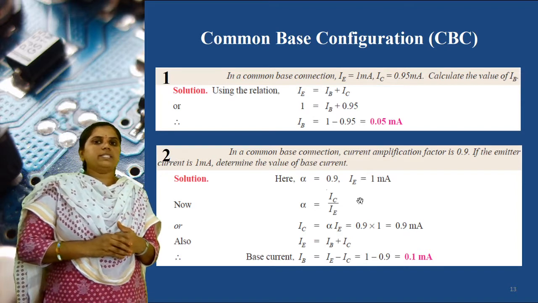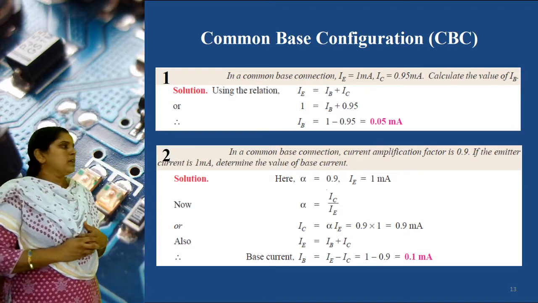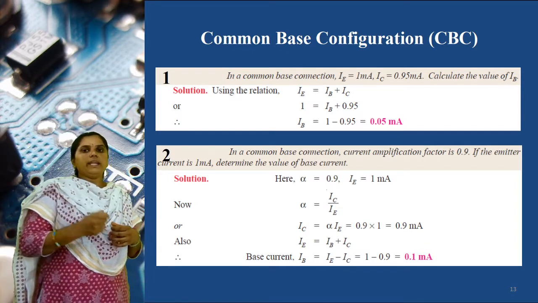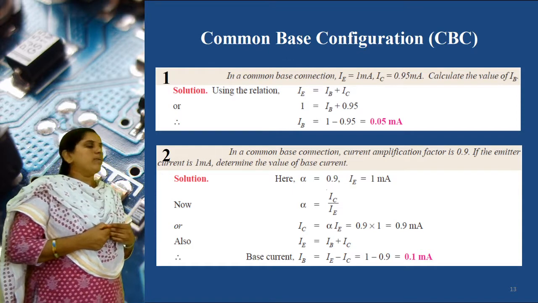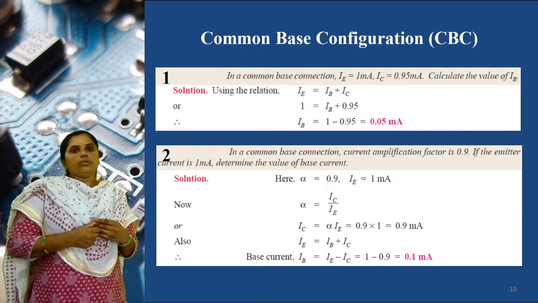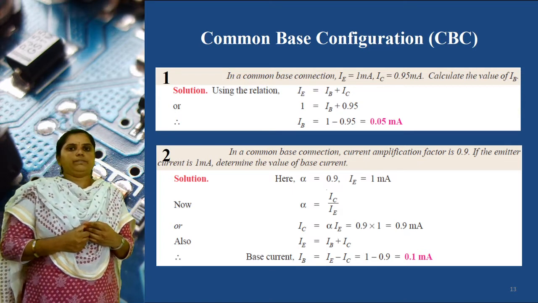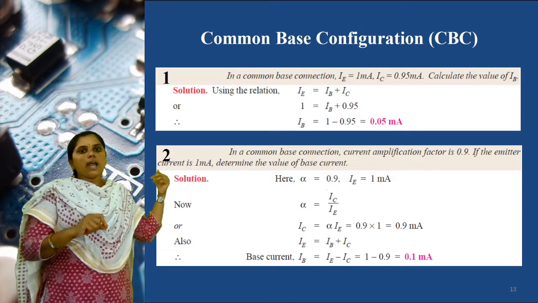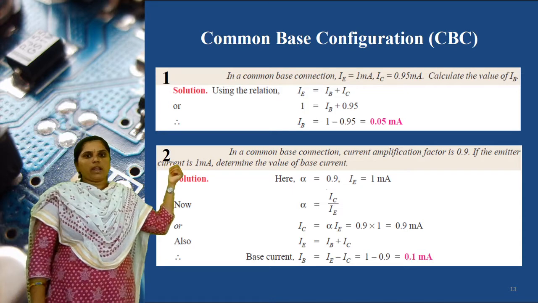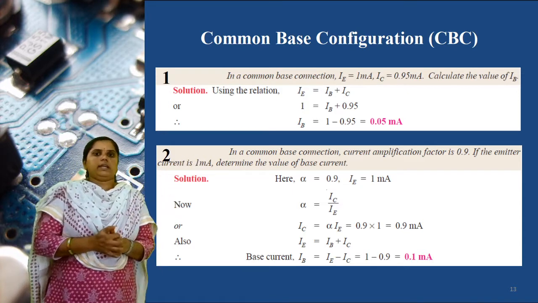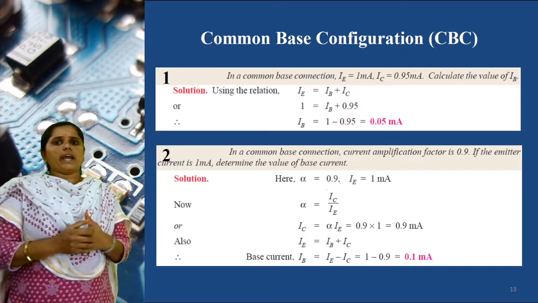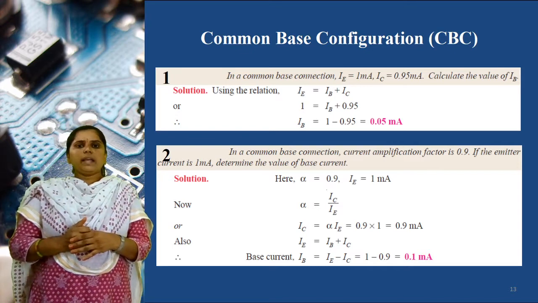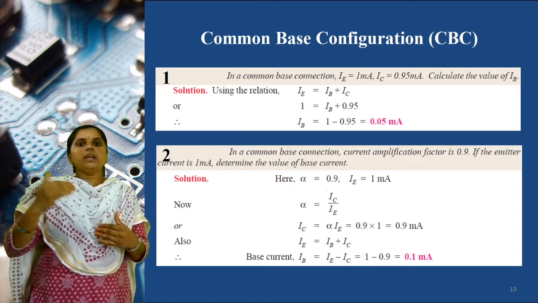Next, second problem. In a common base connection, the current amplification factor is 0.9. The current amplification factor is nothing but alpha. If the emitter current is 1 milliampere, determine the value of base current. So here the current amplification factor and the emitter current IE are given. Now you have to calculate the base current. We already know the formula, alpha is equal to IC by IE, the output current to the input current.